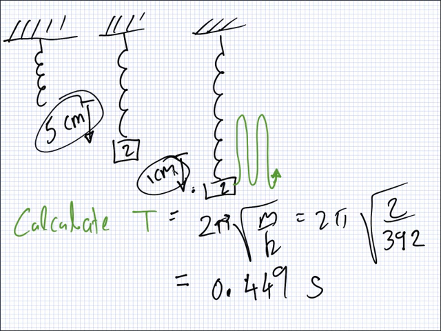Now, this one is important, though, because what type of motion is this? Simple harmonic motion. The amplitude is the one. Is it actually 1? It's not 5.